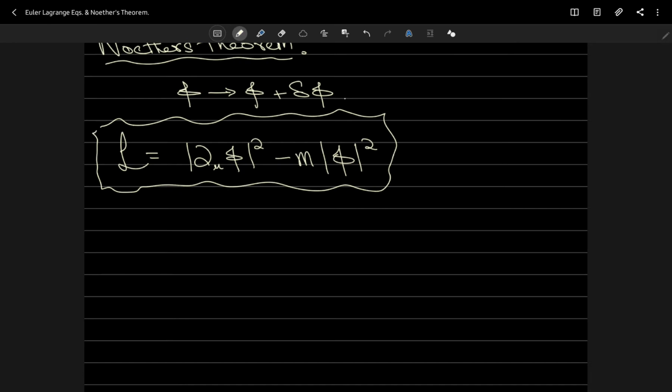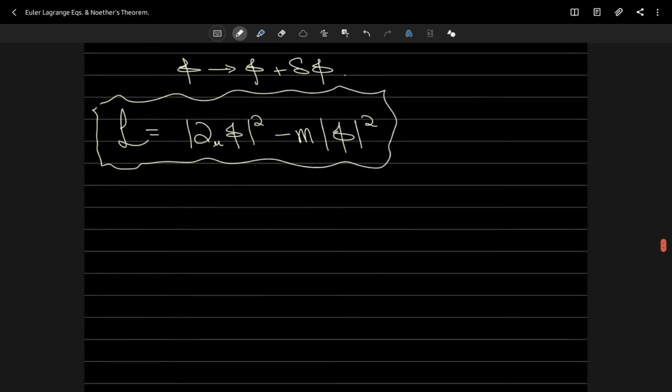Now, if you take a look at this Lagrangian, your task is to first figure out under what field transformation this Lagrangian is invariant. So if you look at it, you quickly realize that the Lagrangian is invariant under the U1 group transformations.